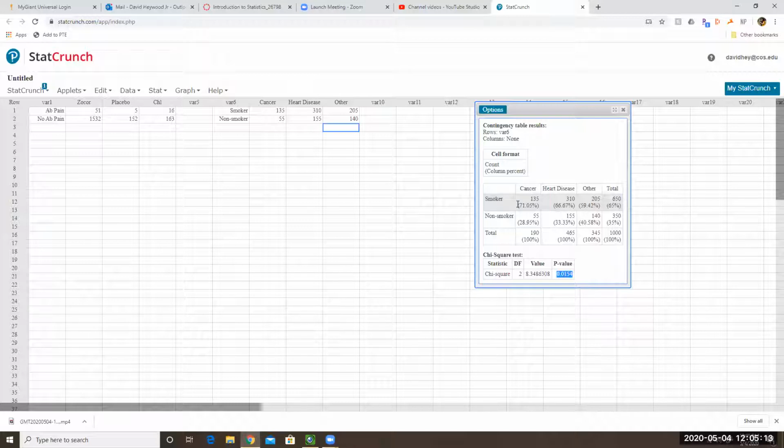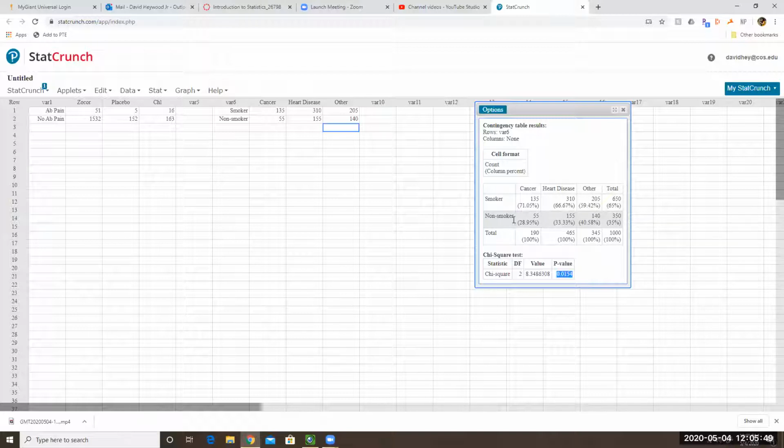Maybe what we really want is, well, so if you died of cancer, so basically it's saying, in this particular study of men aged 45 to 64, almost 29% of the men who died of cancer were non-smokers, and 71% of the men who died of cancer were smokers. So that's a pretty clear indication that, you know, smoking can increase your risk of dying from cancer.